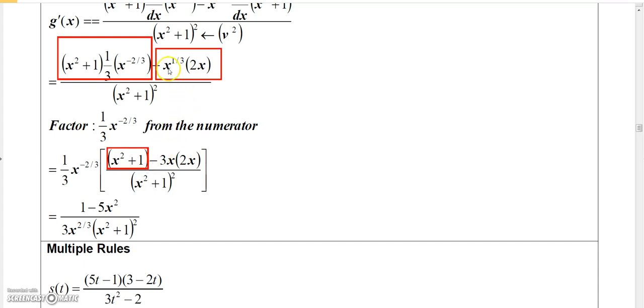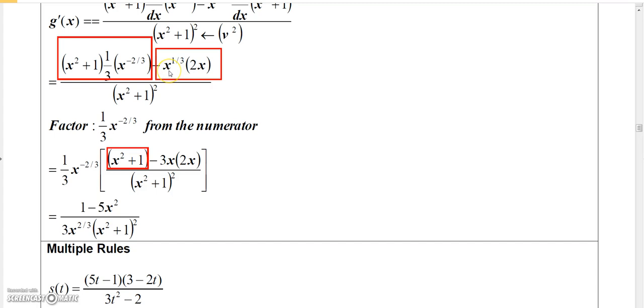Now the hard part, I guess, is when you factor 1/3 x to the negative 2/3 out of here. Well, what you have to remember is when you factor 1/3 out of something, that's the same as multiplying it by 3. So that's where the 3 came from. And then if you factor x to the negative 2/3 out, that would be the same as dividing this by x to the negative 2/3.